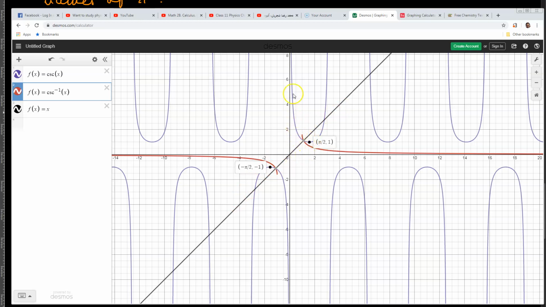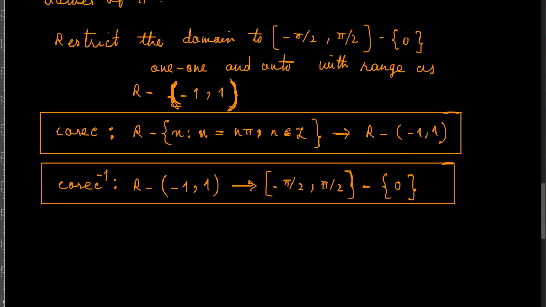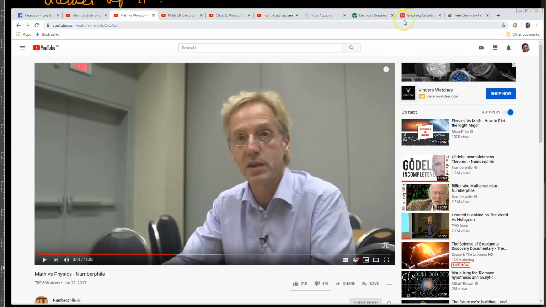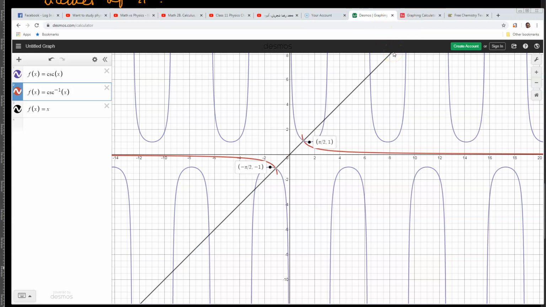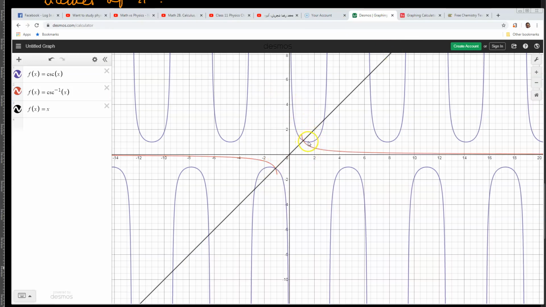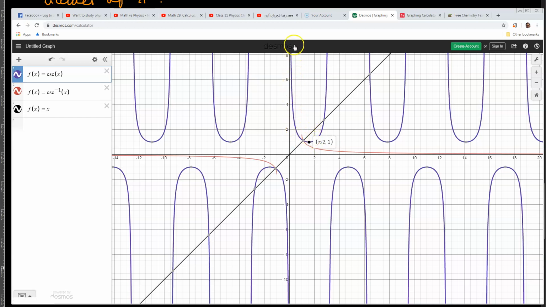Because you get this part over here. So we said that the function is symmetric about this line, meaning that this part, pi by 2 comma 1, this line going up here, if you take the image of this curve through this line y is equal to x, this slanted line, you will get this part over here.